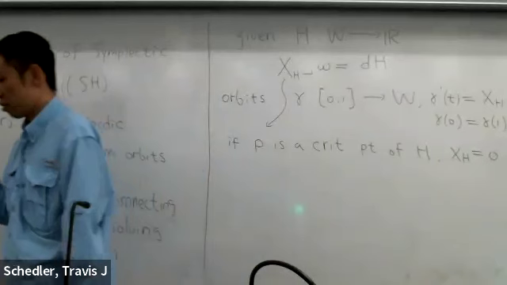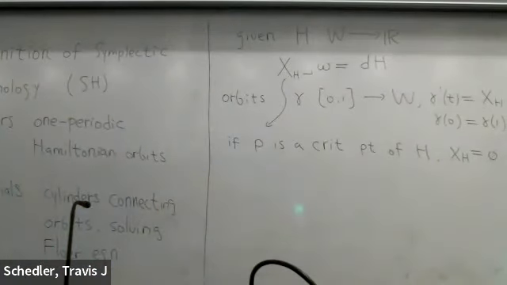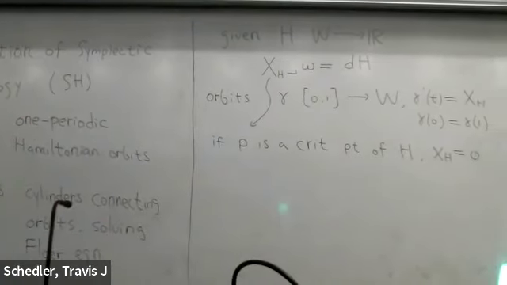Which means that we can view this critical point as a constant orbit, since the flow doesn't move it anywhere. In this case, if the derivative of the function is small, then the index of P, or the degree of P, is just exactly the Morse index of this P, viewing it as a critical point of a Morse function.